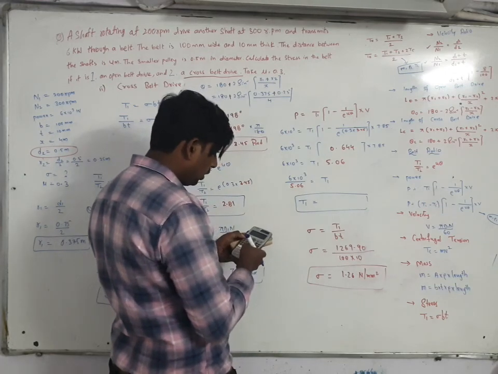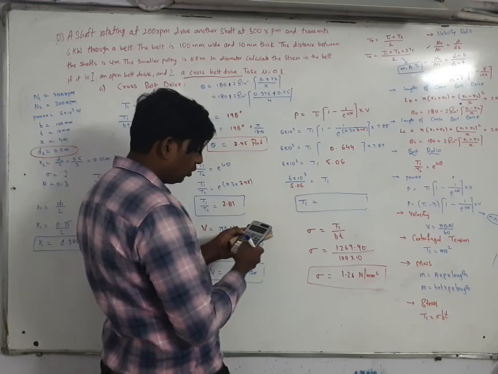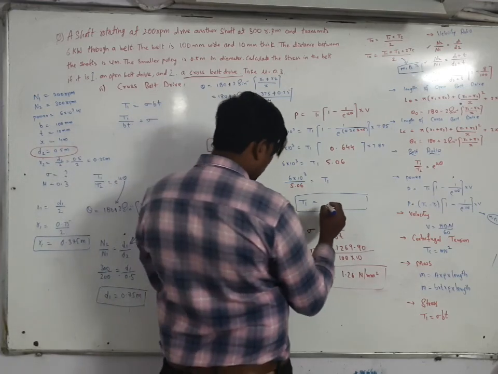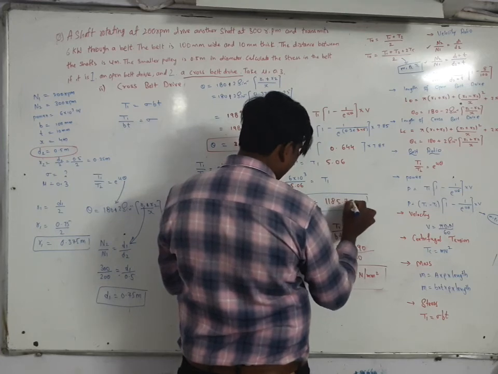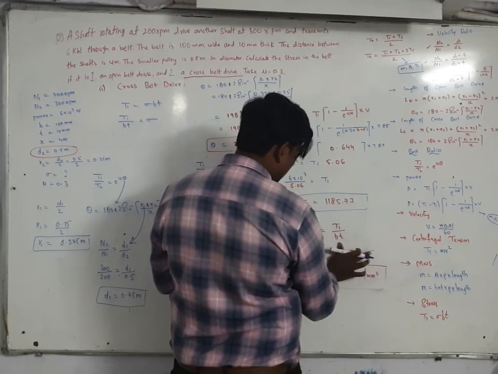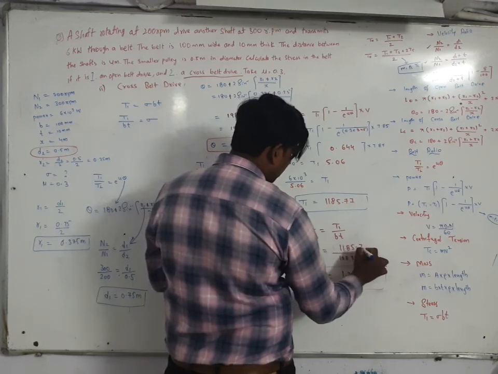So the value will be 6 into 10 to the power of 3 by 5.06. So the answer should be 1185.77.